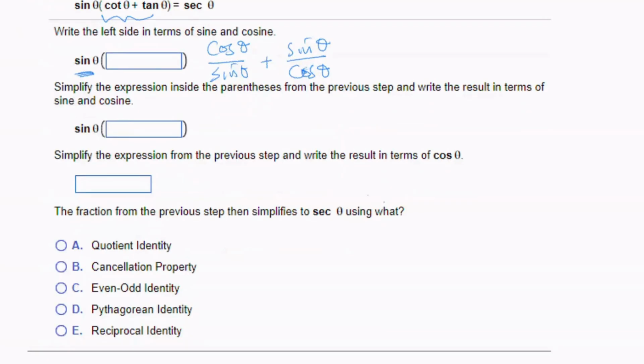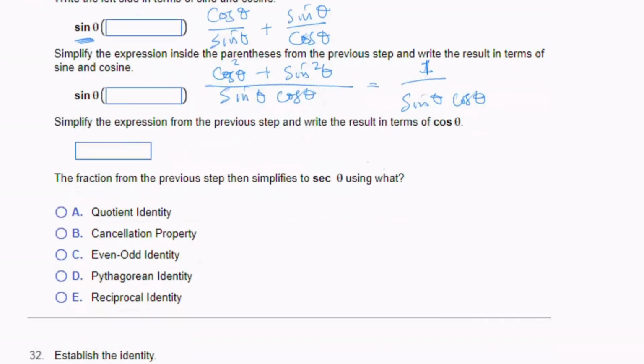Then the next thing is to simplify inside the parentheses in the previous step. To simplify that, the common denominator is sine theta cosine theta. When we divide that, we have cosine squared theta plus sine squared theta, which is 1. So this is just 1 over sine theta cosine theta. Then simplify the expression from the previous step and write the result in terms of theta.